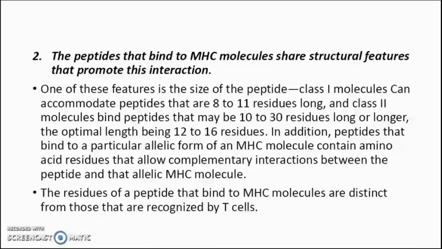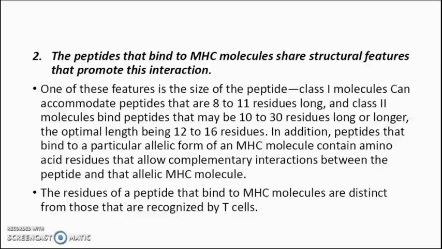The peptides that bind to MHC molecules share structural features that promote this interaction. One of these features is the size of the peptide. Class 1 molecules can accommodate peptides that are 8 to 11 residues long, and class 2 molecules bind peptides that may be 10 to 30 residues long or longer, the optimal length being 12 to 16 residues.